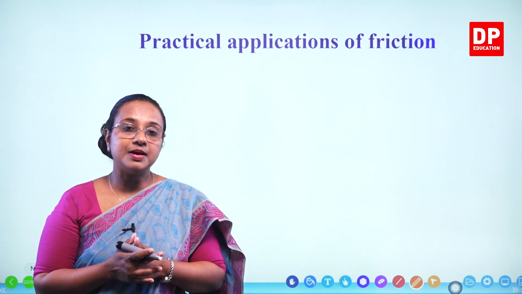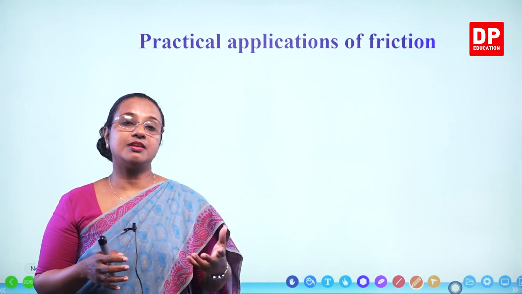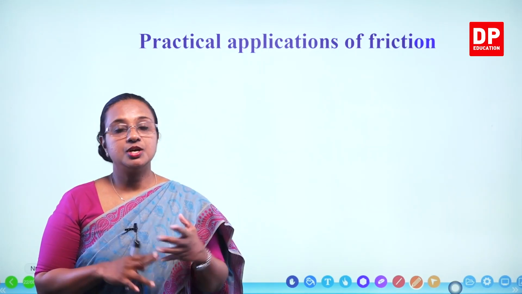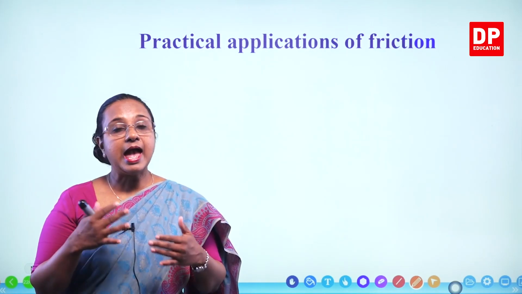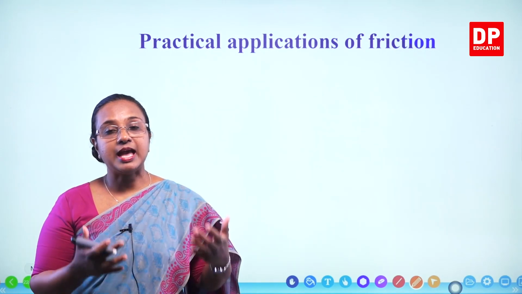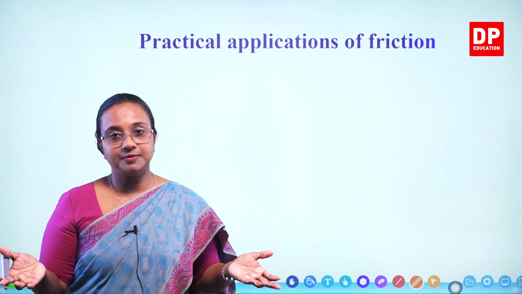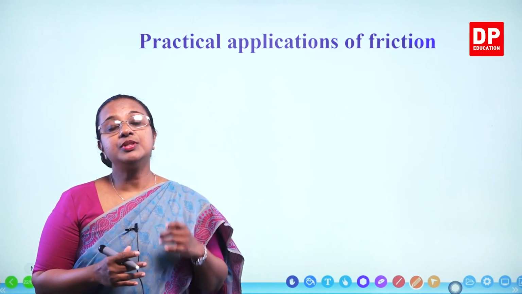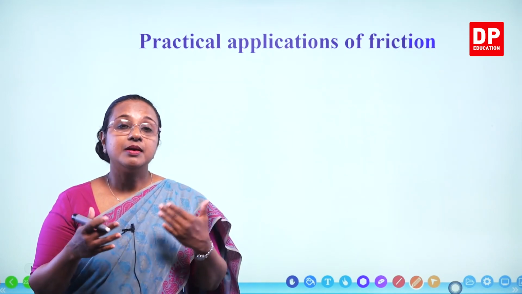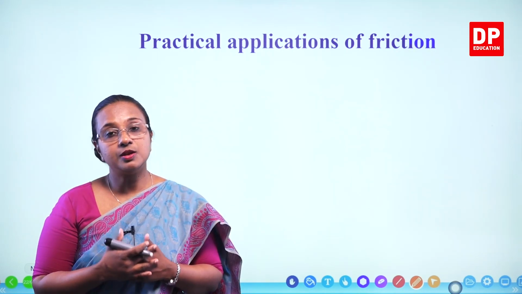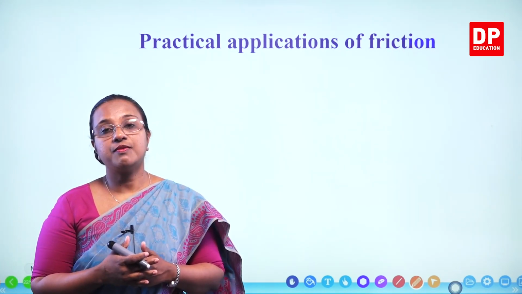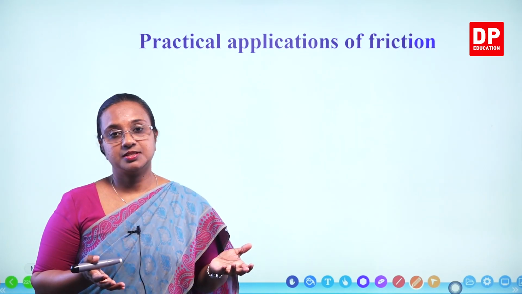A lot of heat is generated in the machine, so we need to take measures to cool it down, and also due to friction, the parts of the machine can wear off very easily. If we know the methods of reducing friction, then we can reduce this energy loss, and also prolong the wearing off of parts of machines.